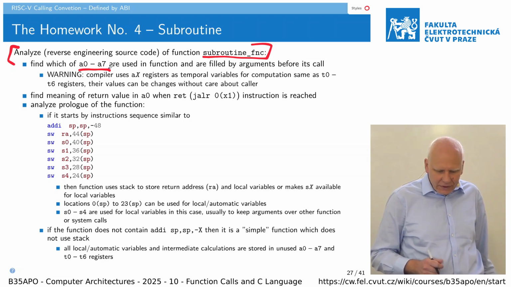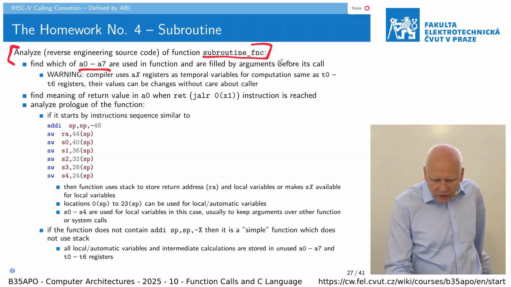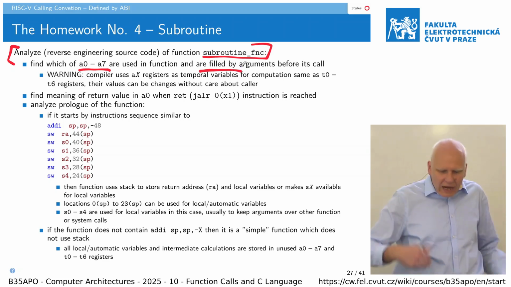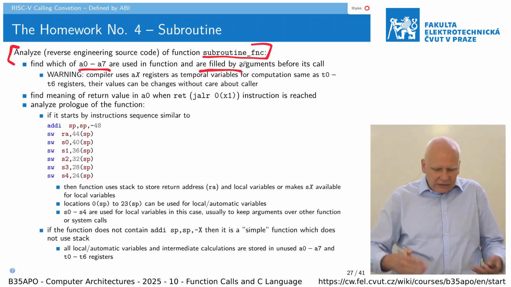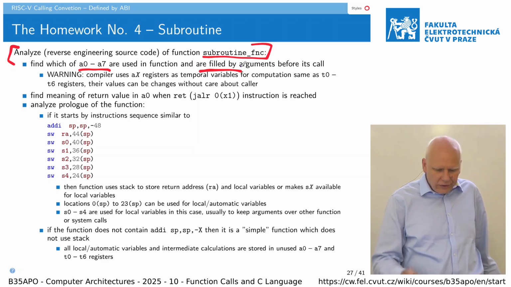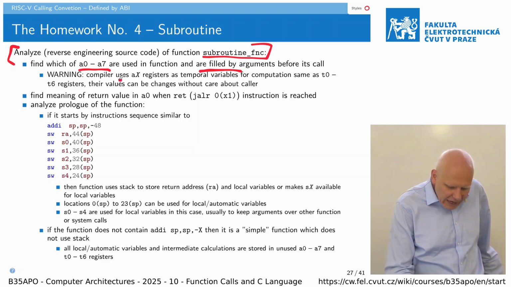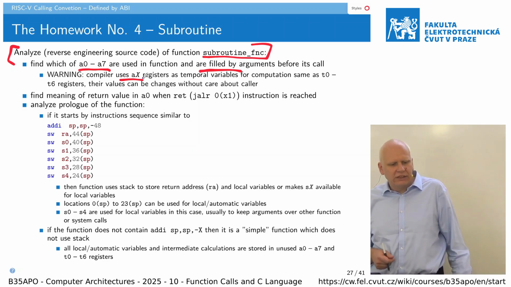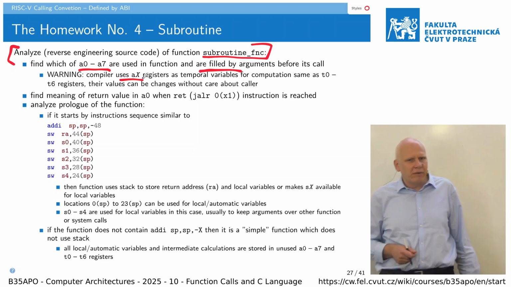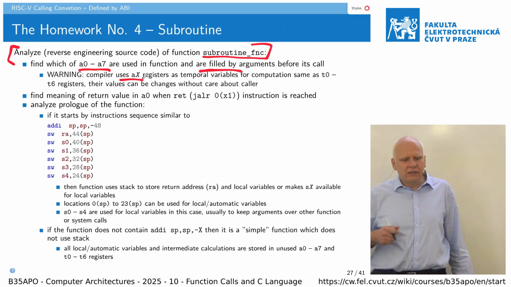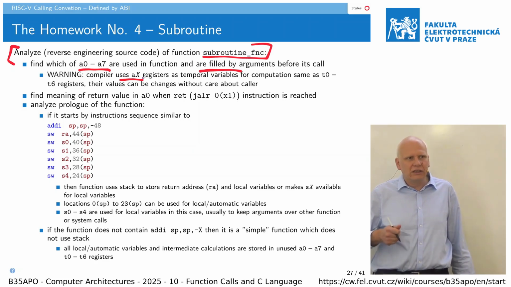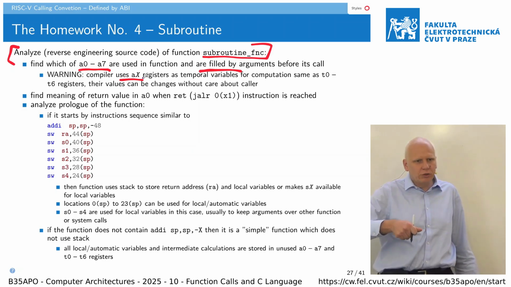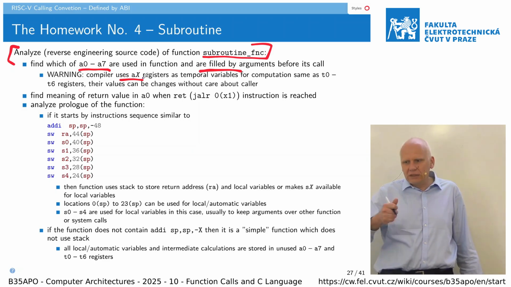And the arguments are filled before that analyzed function call. Be careful that those A registers can be used even as a temporary variable. So if the subroutine is using an A register which has never been filled by the subroutine, then it has to be an input argument.